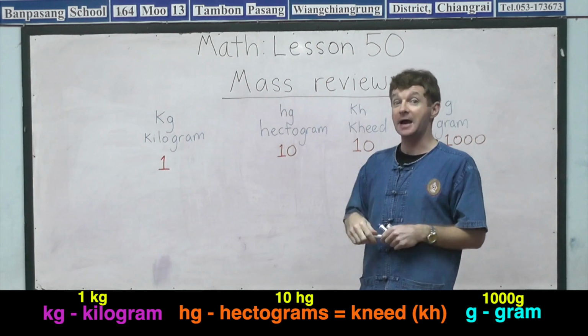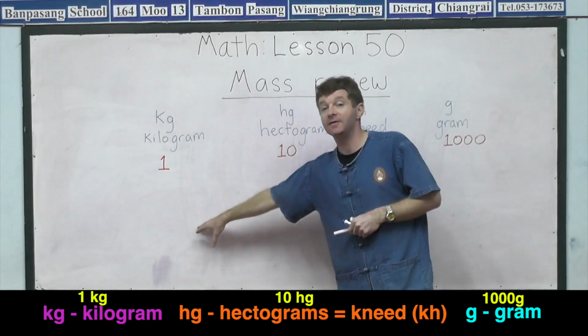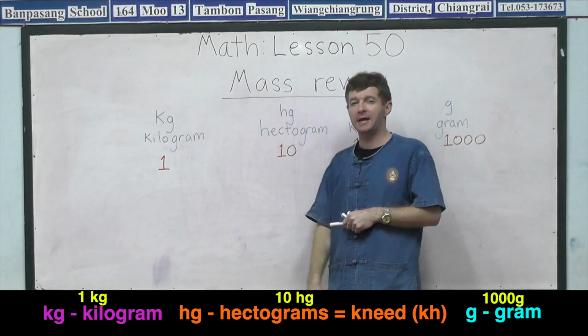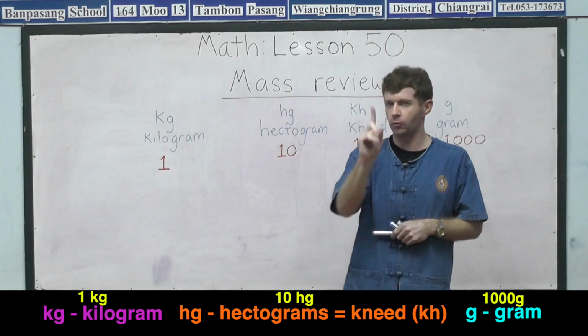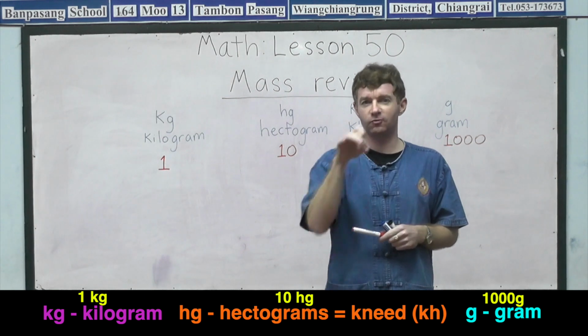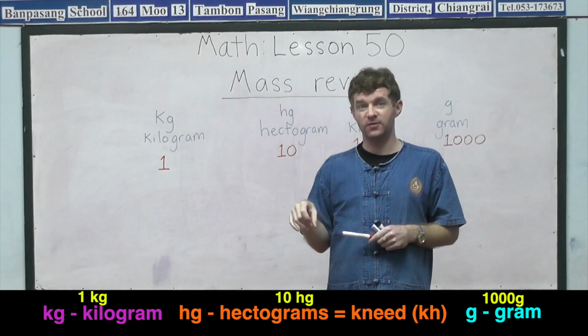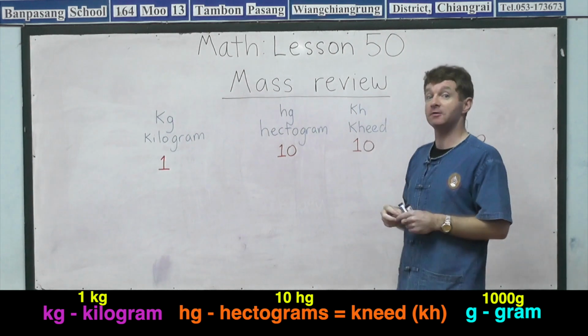And we'll now do an activity where I will write different units of weight, but I will forget to do one. And I will invite a student to come forward and complete the series for me.